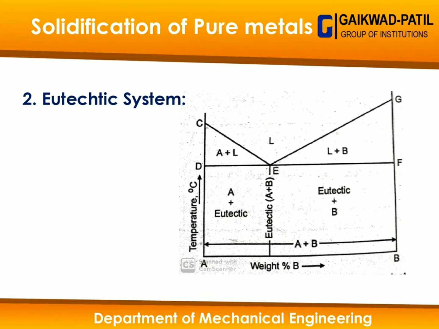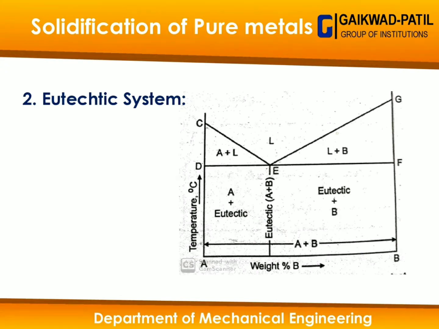In the eutectic system, metal A and B are selected here. Metal A has melting temperature point C, metal B has melting temperature point G. If we allow metal A to melt up to point C and metal B at point G, and allow both metals to mix at a point E, then we get an equilibrium solution out of it.